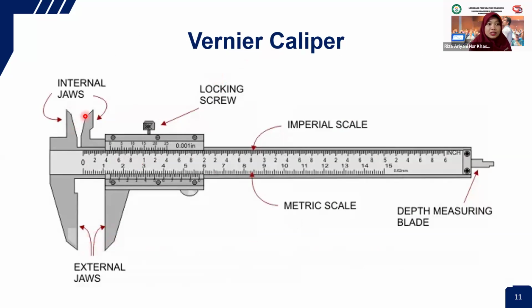We can measure the inner diameter using internal jaws, and we can also measure the outer diameter using external jaws. And then we can also measure the depth of the object using this blade, okay? Okay, now how to read the results of the measurement? Do you know it?